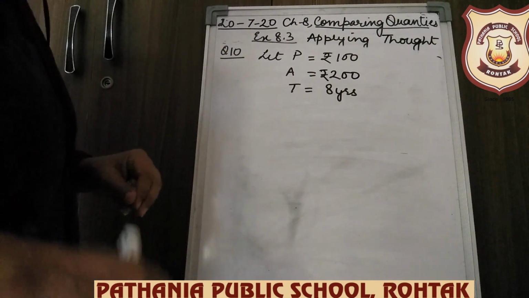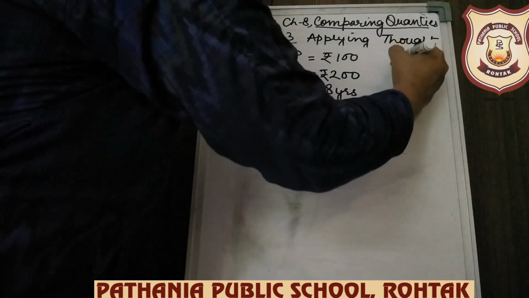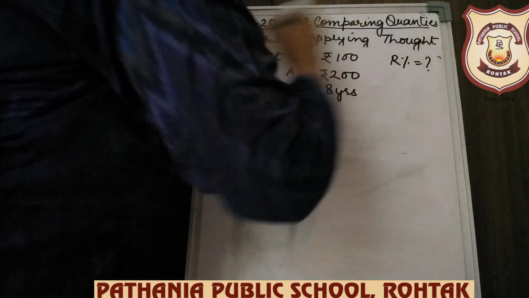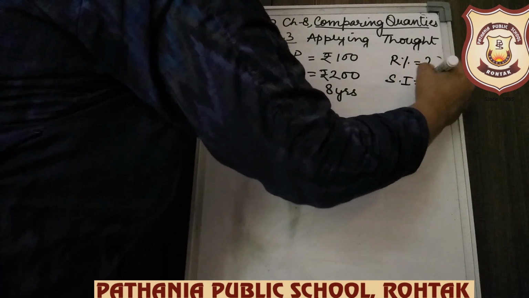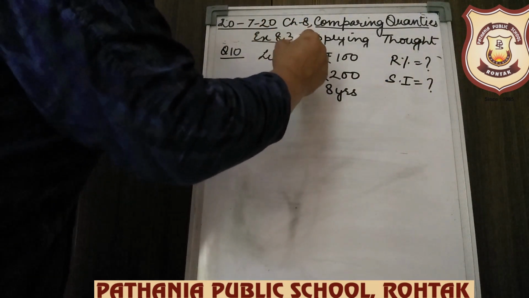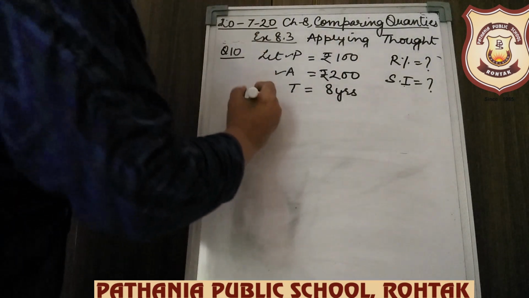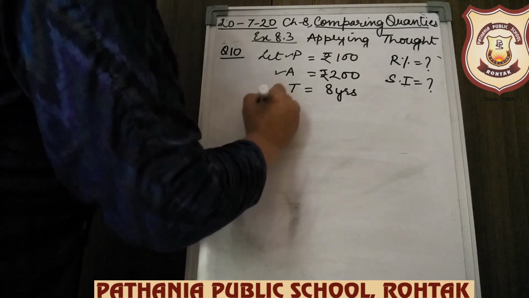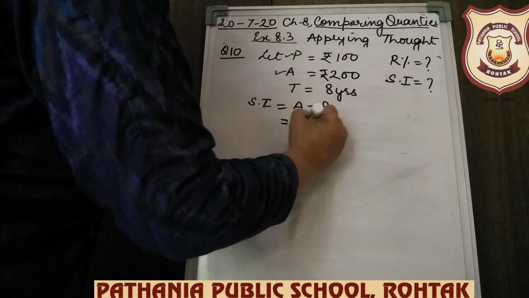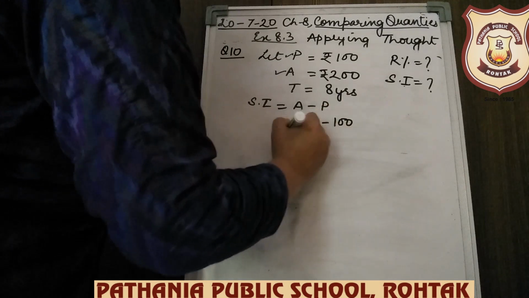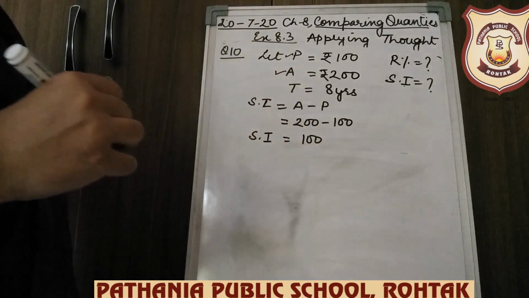Now see that here you don't have the rate percent, even you don't have the simple interest. So when you have principal and when you have amount, you can calculate the simple interest. So simple interest is equal to amount minus principal. Amount is 200 and principal is 100. So my simple interest is 100 rupees.